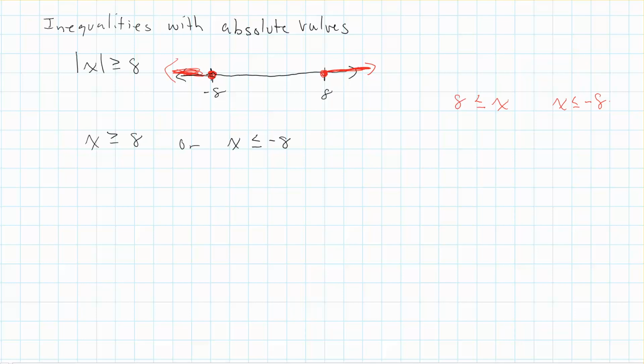But then, wait a minute, if we tried to use the transitive property, this would say 8 is less than or equal to -8. Well, we know that's not true. So this just means we can't write it as one long inequality. We have to keep it separate as two different inequalities with an or between them.